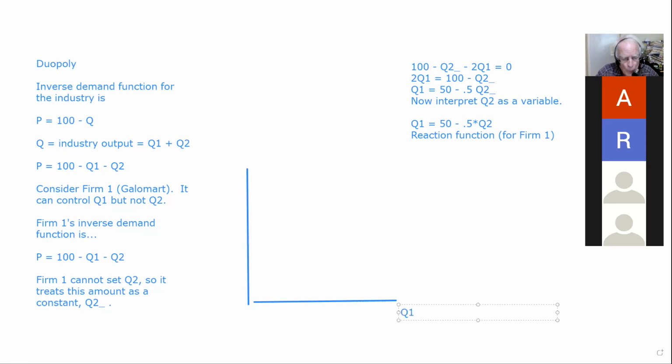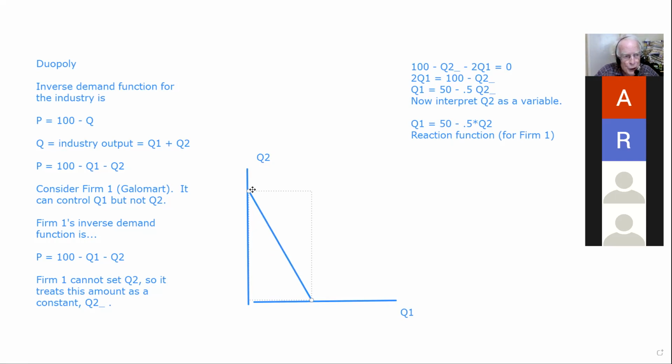Here's the output per duopolist, and here is output per rival, firm 1 and firm 2. The reaction function for the duopolist is linear, just like that, with an intercept that falls as Q2 is rising.